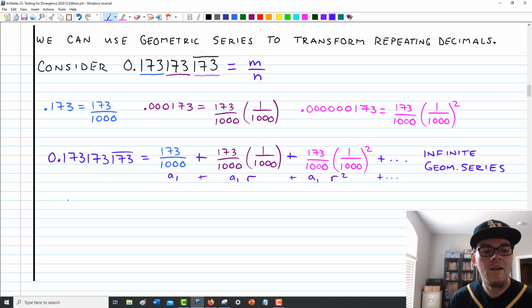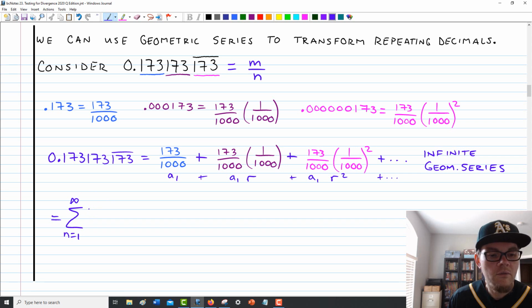The reason I bring that up is that we can transform it into a specific infinite geometric series. We can write this as the sum from n equals 1 to infinity of 173 over 1,000 times 1 over 1,000 to the n minus 1.